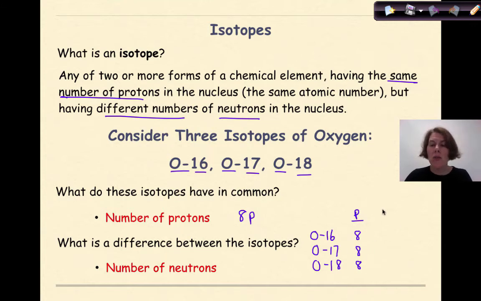But in terms of neutrons, because I know that the mass number is made of protons plus neutrons, for neutrons over here, this has to be 8, because 8 plus 8 gives me 16. This has to be 9, because 9 plus 8 will give me 17. And this has to be 10, because 10 plus 8 gives me 18. So again, with isotopes, they'll have the same number of protons, but a different number of neutrons.